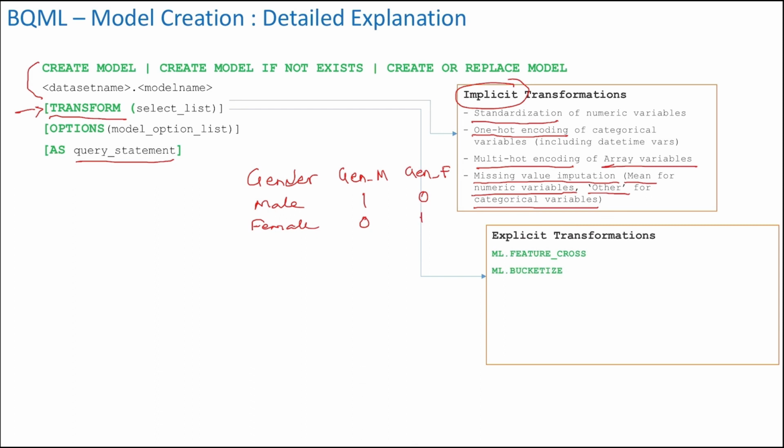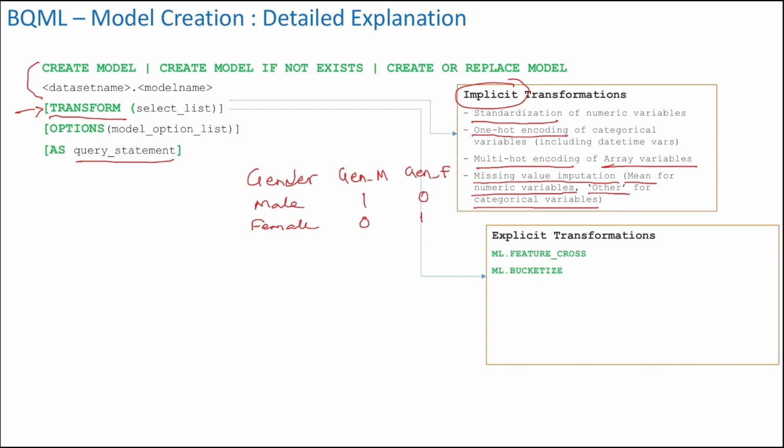Another good transformation function is bucketize. Just as an example, you may have a feature called loan age, and you want to convert that into a few buckets. So rather than using it as a continuous variable, you want to divide it into various buckets and then use those buckets as categorical variables in the model.